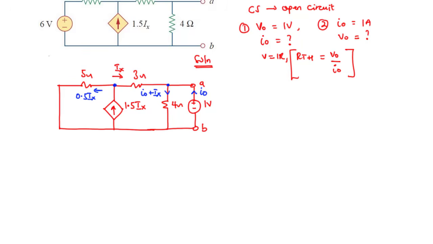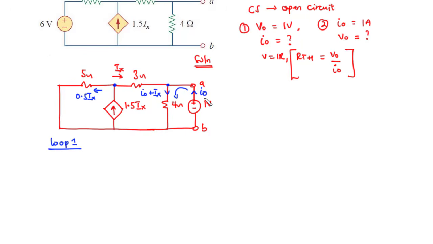Now let's try to find the value of Ix and then I0. From KVL, we know that the sum of the source voltages is equal to the voltages dropped across the loop. So let's consider loop 1. We are going to choose this to be loop 1.